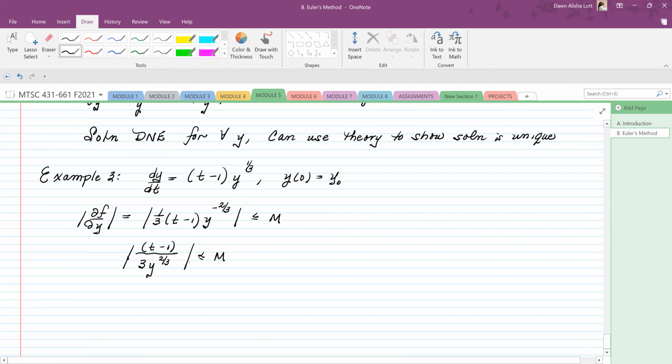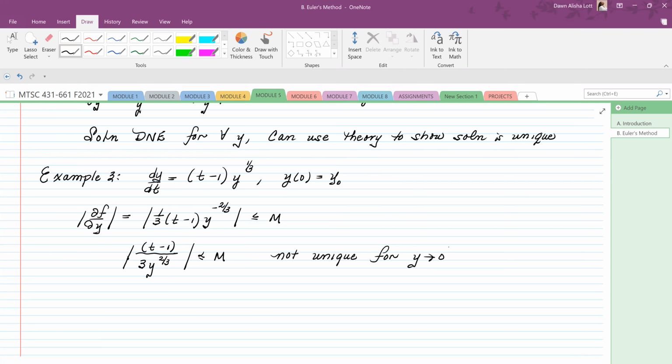Once again, I'm forcing t minus 1 to be less than or equal to 2/3 y to the 2/3. And this is not necessarily true. So this is not unique, for y going to 0. As y goes to 0, you have a problem. So that's what's going to get us uniqueness.